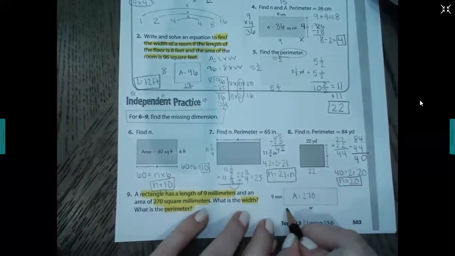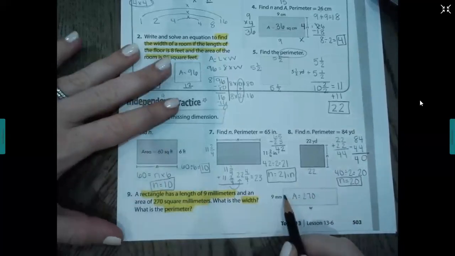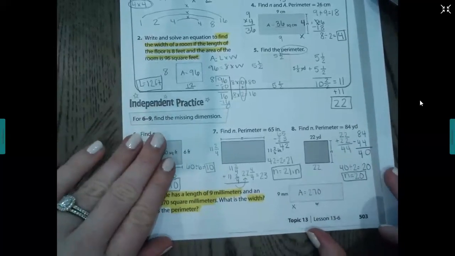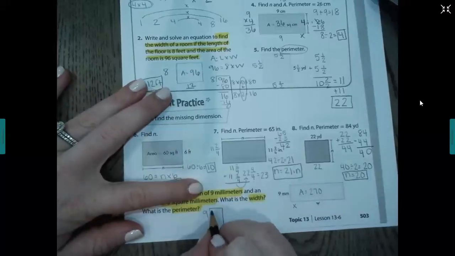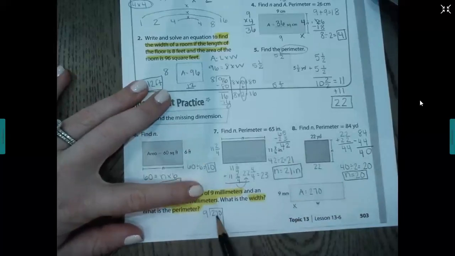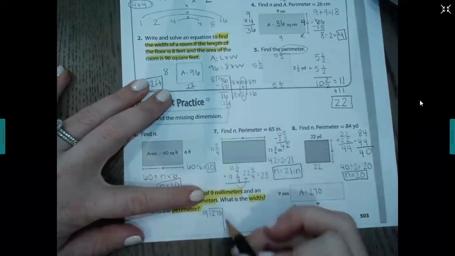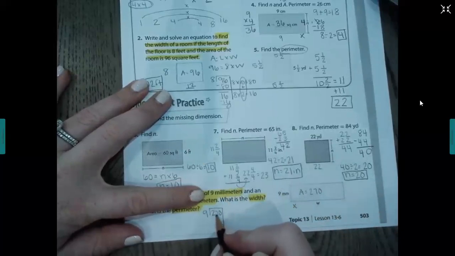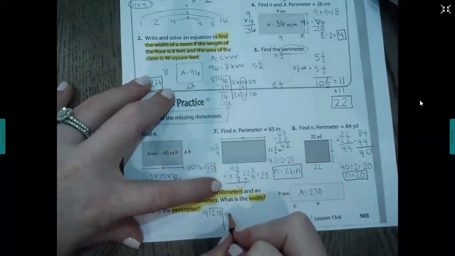In order to find out the width, again, I'm going to have to divide 270 divided by 9. Okay, so let's go ahead. 270. Okay. Well, 9 goes into 27, I know that 3 times, and I have an extra 0.